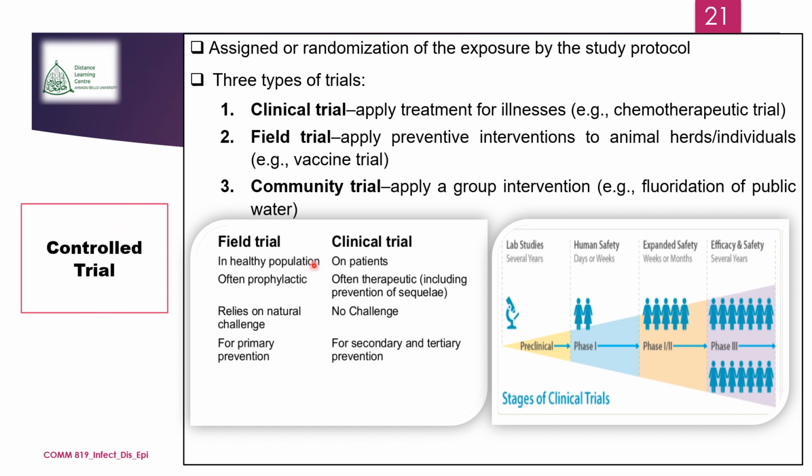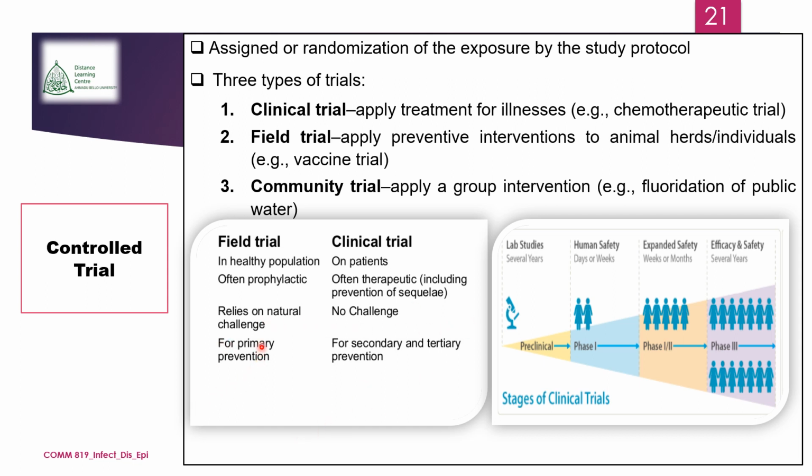Okay, and a distinction between field trial and clinical trial, quickly, is field trial mostly is done in a healthy population. Okay, while clinical is done on individual patients. Okay, then field trials are often prophylactic in nature, while clinical trials are often therapeutic, okay, including prevention of sequelae, okay, nice follow-up.